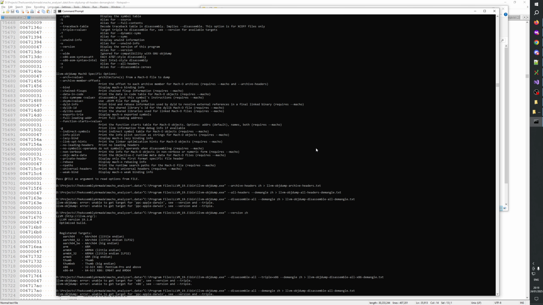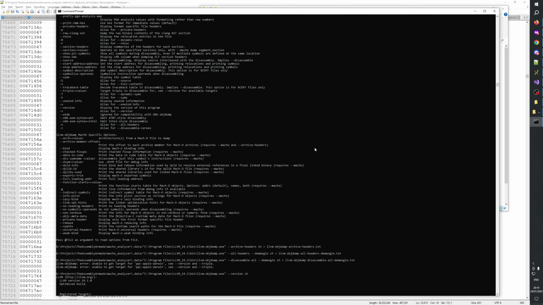Okay, what else do we have? Trace back table. Unwind info. Display unwind information. Display the version of this program.